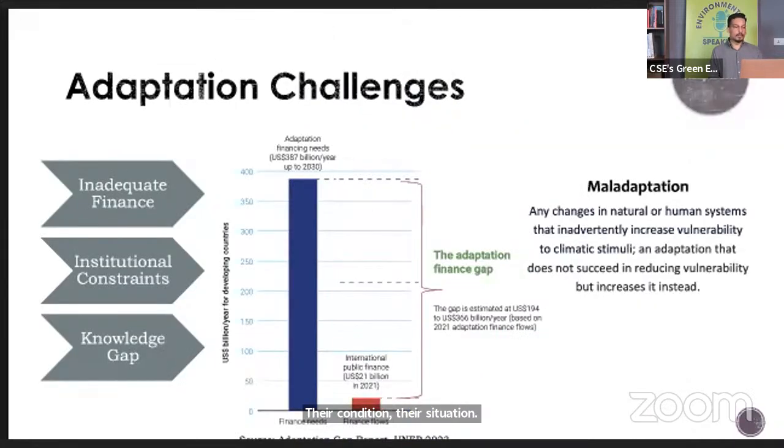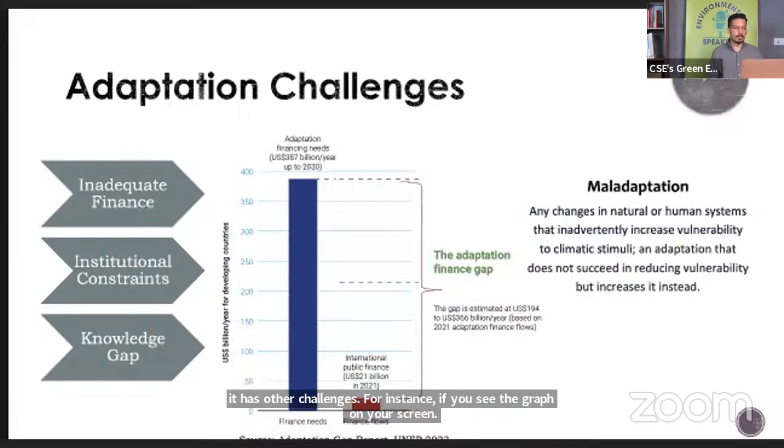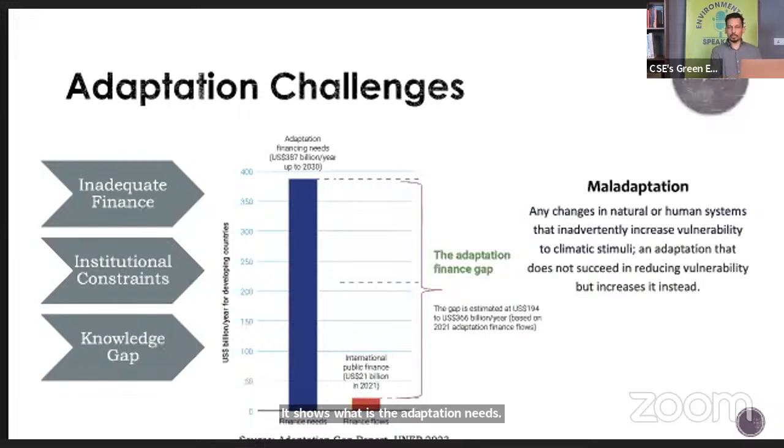But again, adaptation is a much more complex theme, and to understand what it would actually entail in terms of resource requirements and action is actually difficult. Besides, it has other challenges. For instance, the graph on your screen shows the adaptation needs that have been determined by the Adaptation Gap report, and what is actually the adaptation fund that has been mobilized.